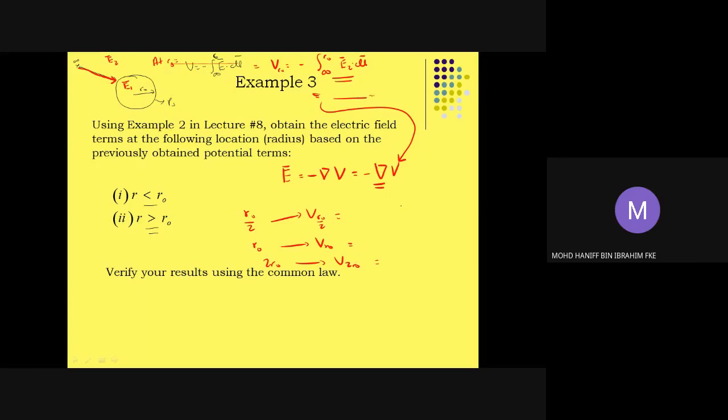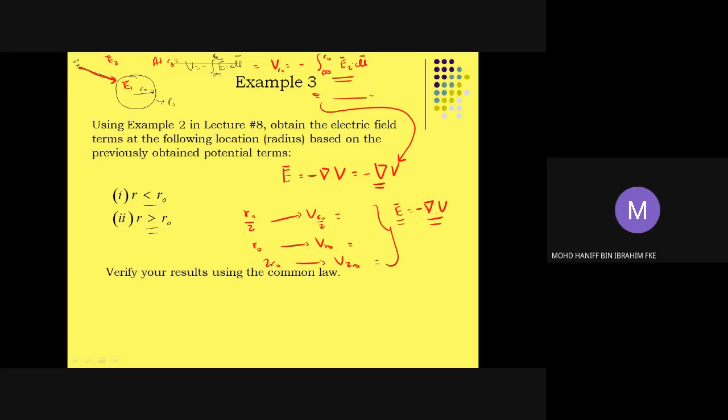What we have to do now in this example is find the E field based on this given potential, using the negative gradient of V. I leave this method of calculating the gradient of the potential V to you. So please solve this gradient of potential to find the electric field intensity.